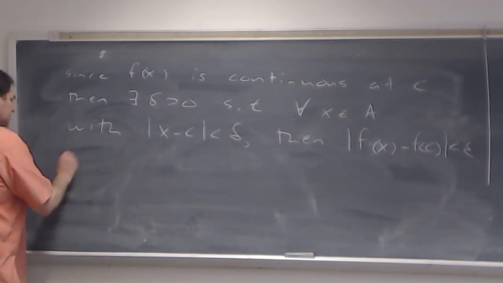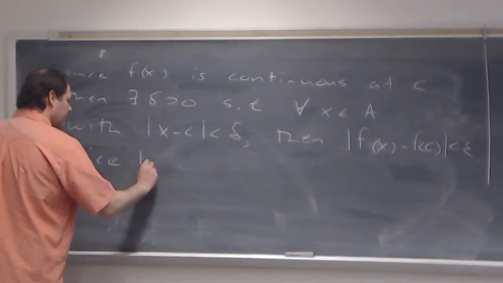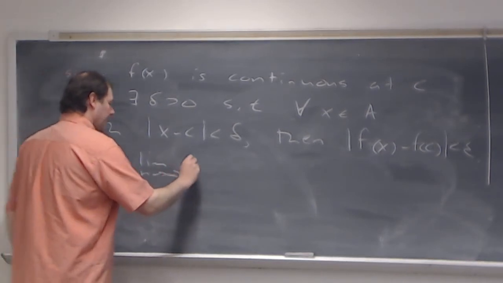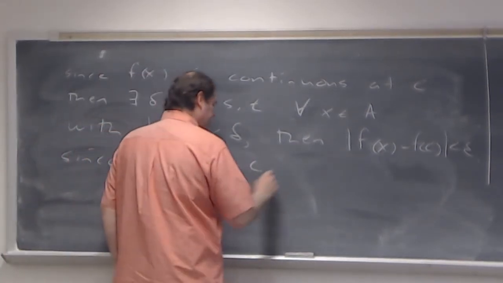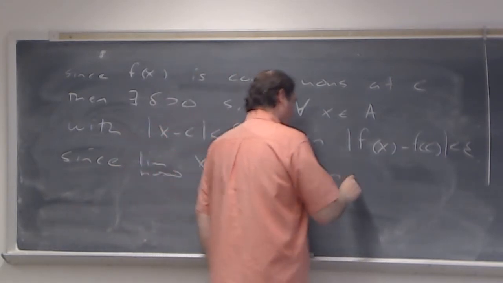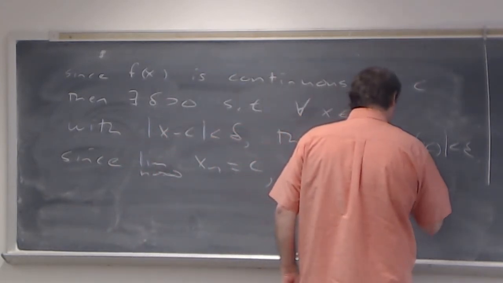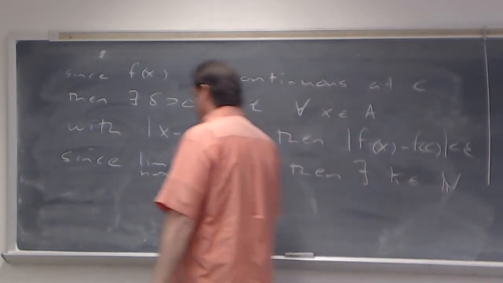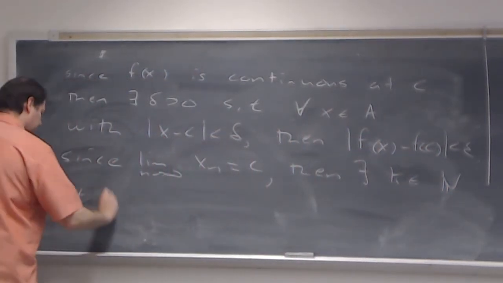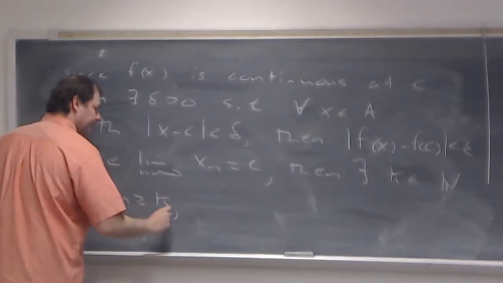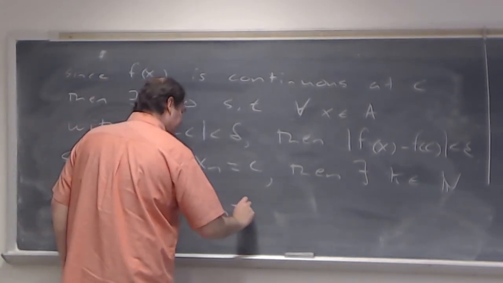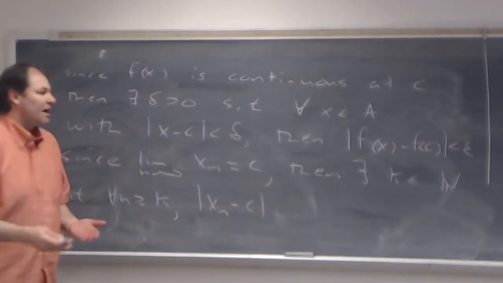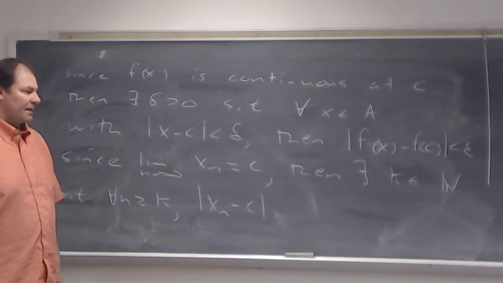So since the limit as n goes to infinity of x sub n equals c, then there exists a K in the natural numbers such that for all n greater than or equal to K, we have |x sub n minus c|. I want it to be close enough such that the output values will be within epsilon units of f of c.